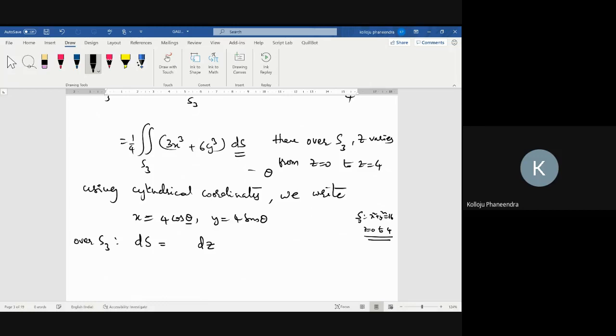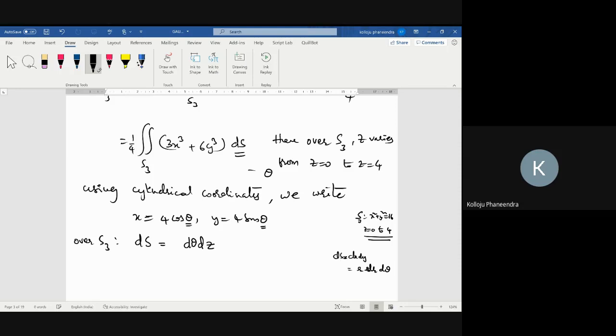And another variable, since I'm converting into polar, is d theta. Next, do you remember, in polar coordinates, dx dy equals r dr d theta? Do you remember?